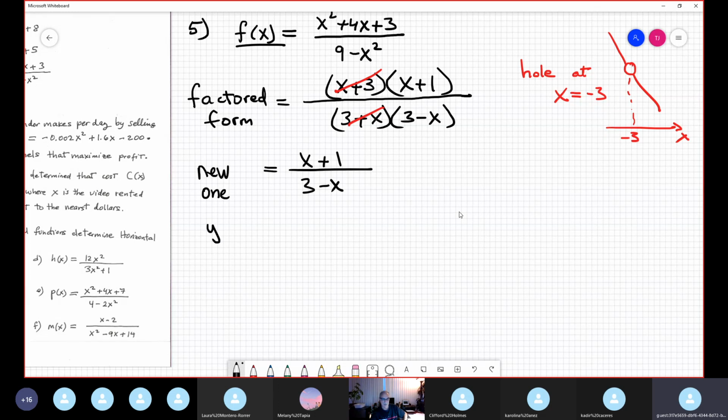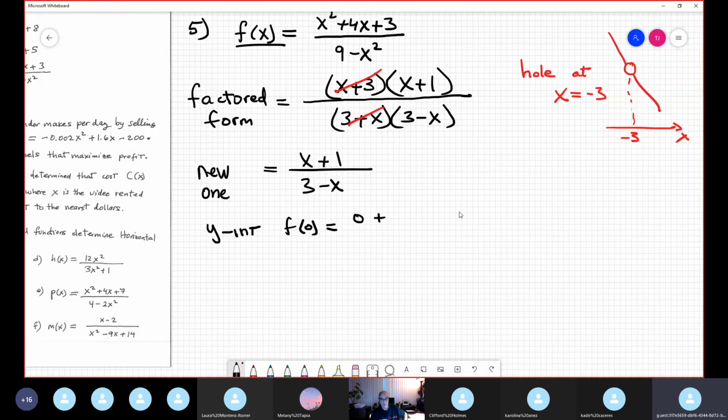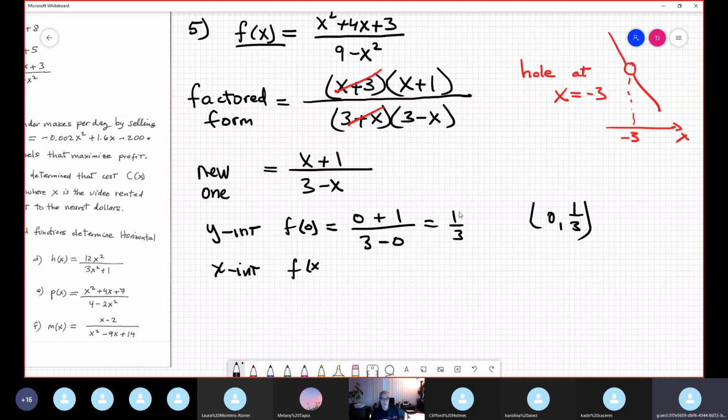Okay, now I want to start step by step. What is the first step? My second is the y-intercept, which is the value of the function at 0. It is 0 plus 1 over 3 minus 0, which is 1/3. The y-intercept, look at the point, 0, 1/3. Super. The x-intercept, remember, is when you take the function equal to 0, or in other words, the top part p equal to 0.